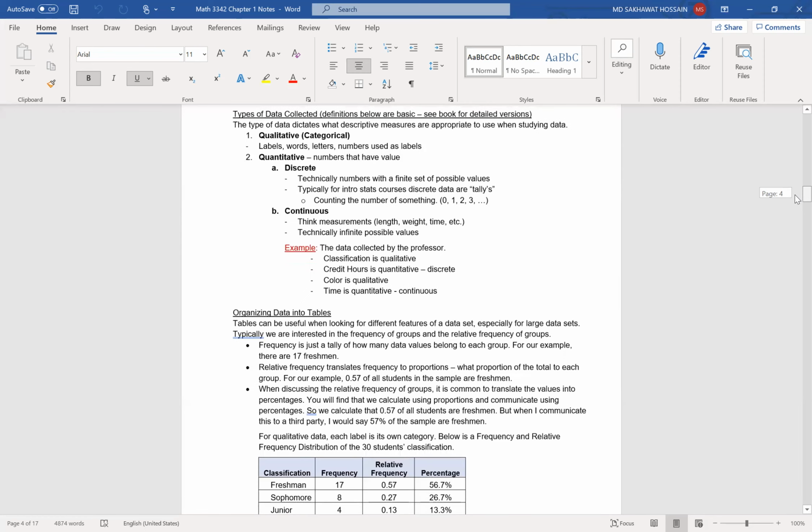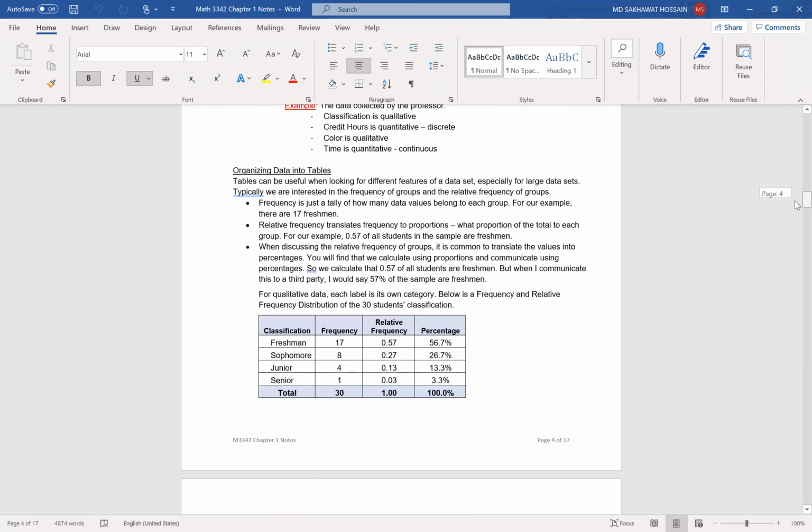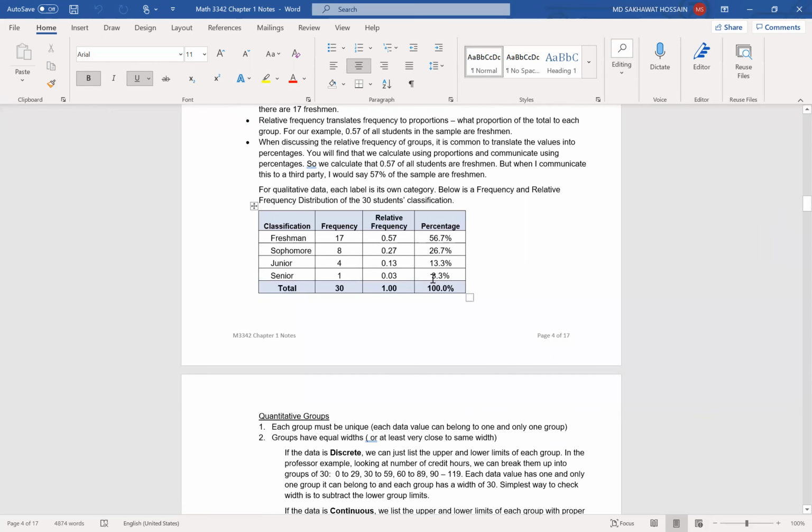Organizing data into tables. To represent the qualitative data, we use a frequency table or relative frequency table. So how do we construct the frequency table? For example, we have a data set here. The data is classified as freshman, sophomore, junior, and senior.